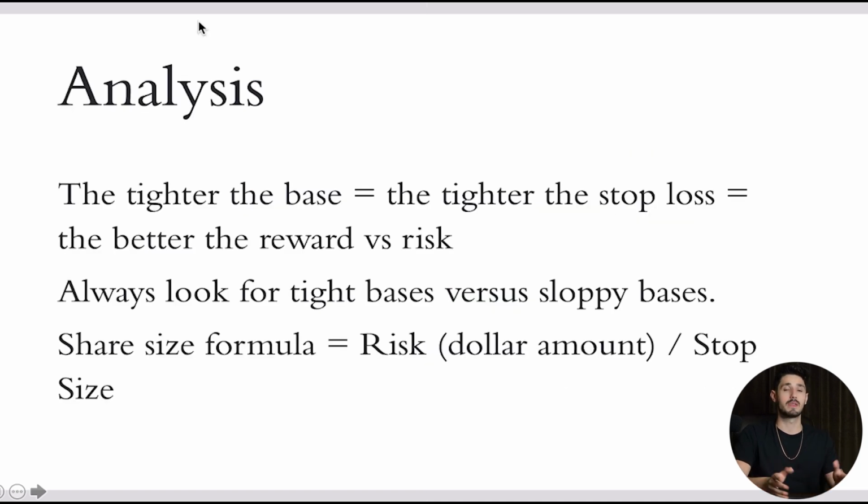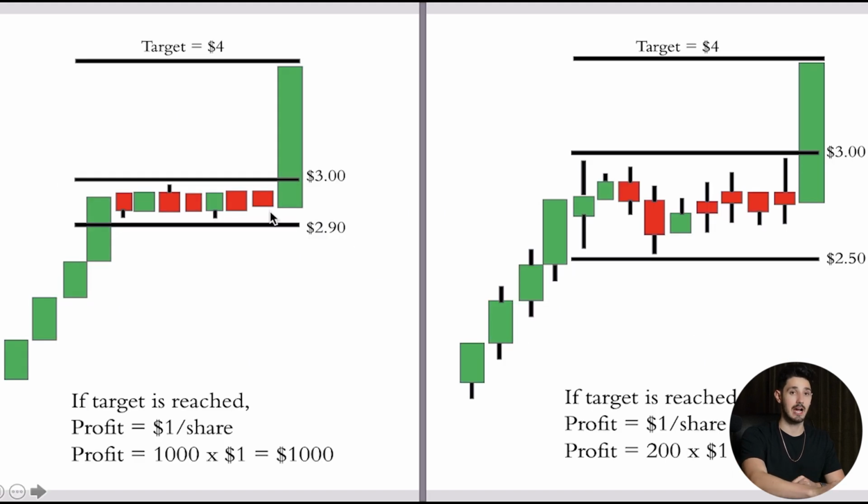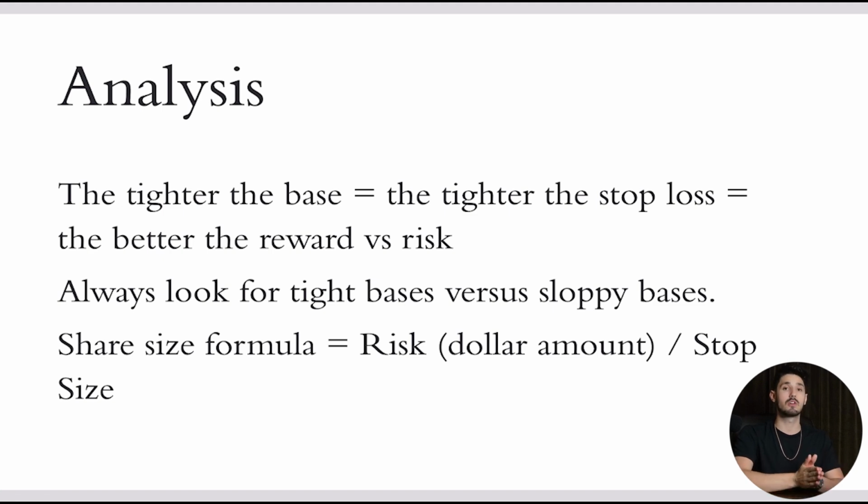So what does this mean? What this means is the tighter the base, since it's a base breakout, or in other words, the tighter the stop loss, the better the reward to risk, as you can clearly see, okay? So we should always be looking for setups that have a tight stop loss. We don't want to see sloppy setups that have a huge stop, a lot of distance between the entry and the stop loss price.